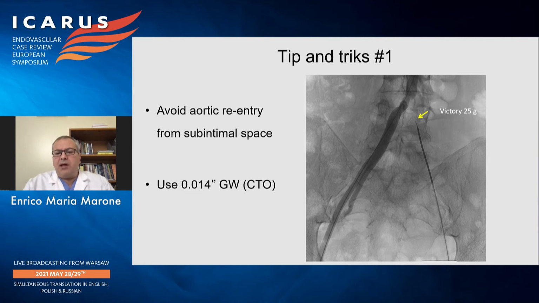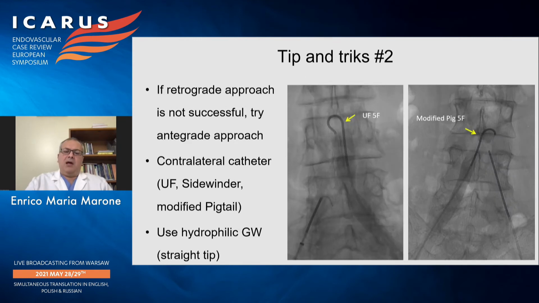This is an example, a Victory straight tip, 25 grams, in order to avoid a wide subintimal space, especially in the aorta, to stay intraluminal as much as possible, and to obtain recanalization even in calcified chronic occlusion. If the retrograde ipsilateral approach is not successful, we can try the antegrade or the double approach.